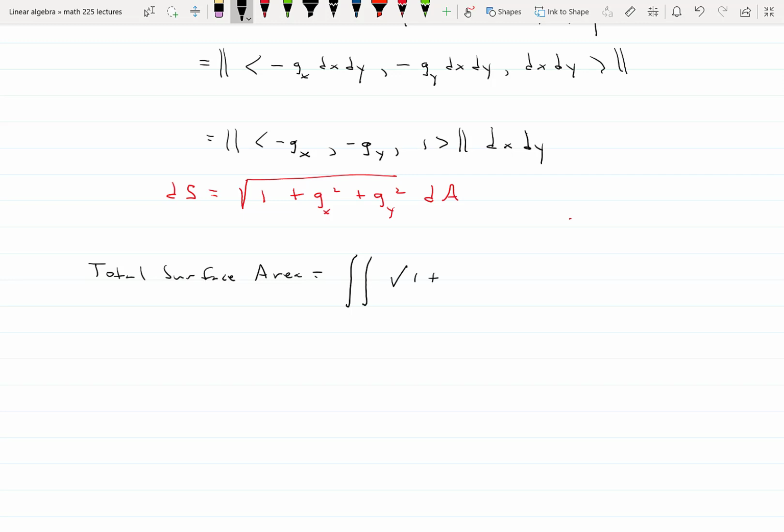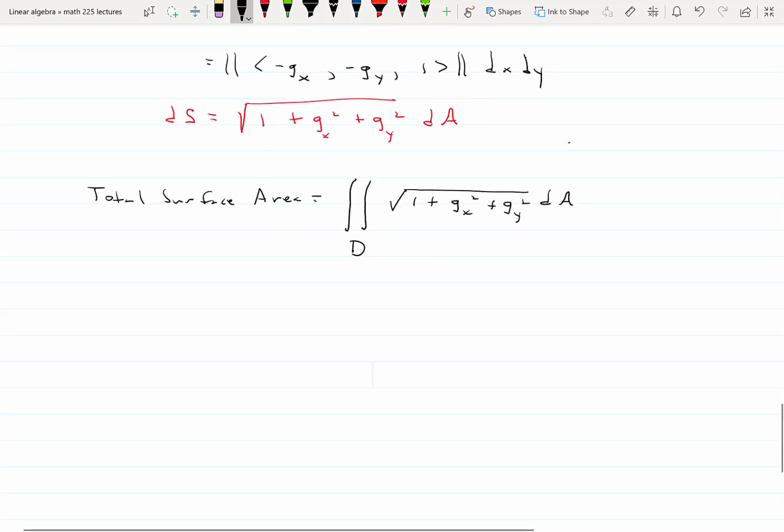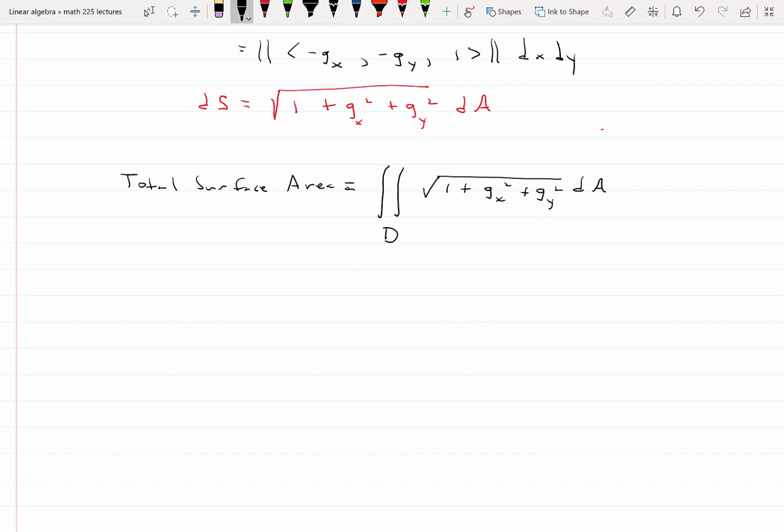It's a double integral of the square root of 1 plus g sub x squared plus g sub y squared dA. And we integrate that over the region D in the xy plane. Okay. Now we don't have to use the variable g. We could also write this as the double integral of the square root of 1 plus, if you want, z sub x squared plus z sub y squared dA.